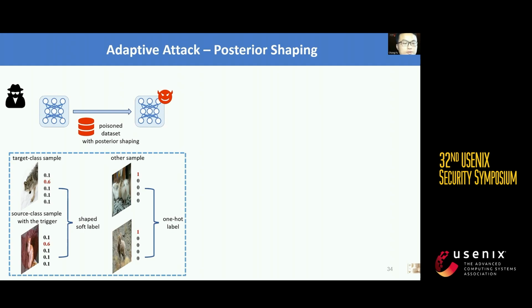Thus, the adaptive attacker can shape the training labels against this intuition, specifically for training samples with the target label in the poisoned dataset, that is, target class samples and samples with the trigger. The label is changed to a shaped soft label, where the posterior of the target class is lower than 1 but greater than 0.5. The labels of other samples remain unchanged.